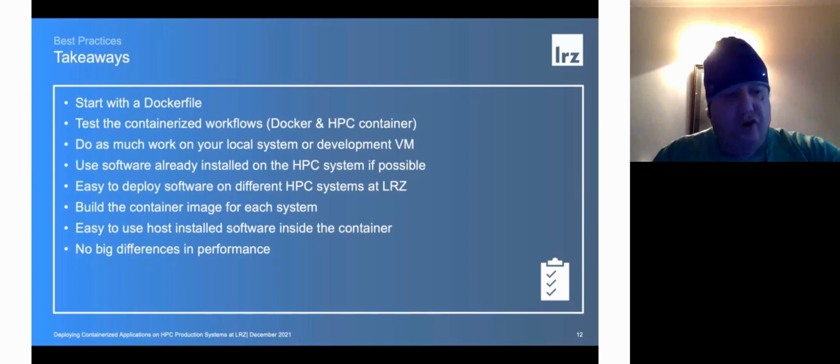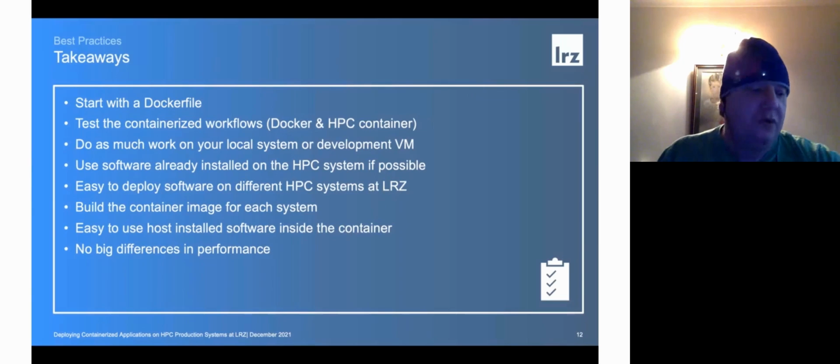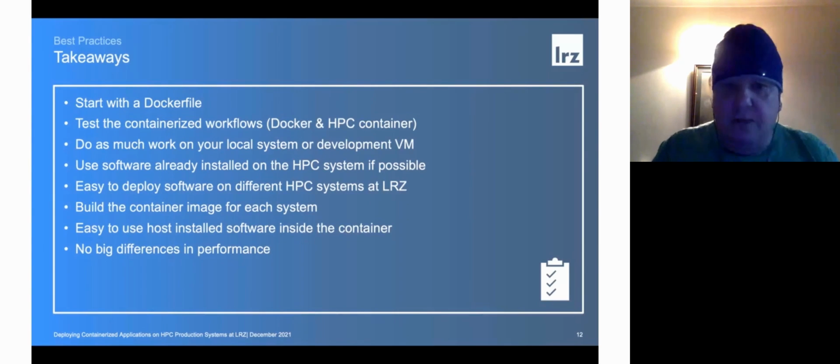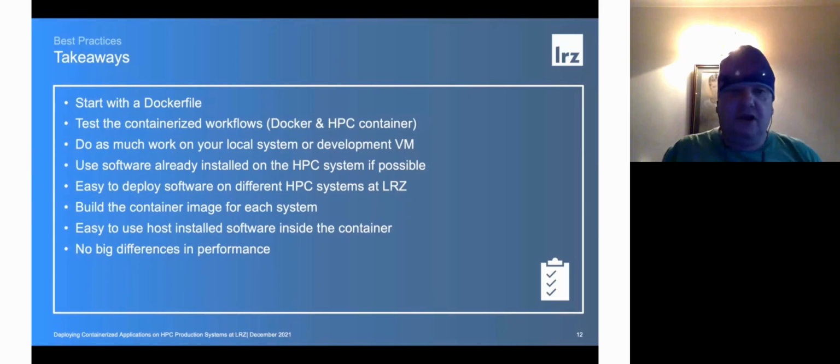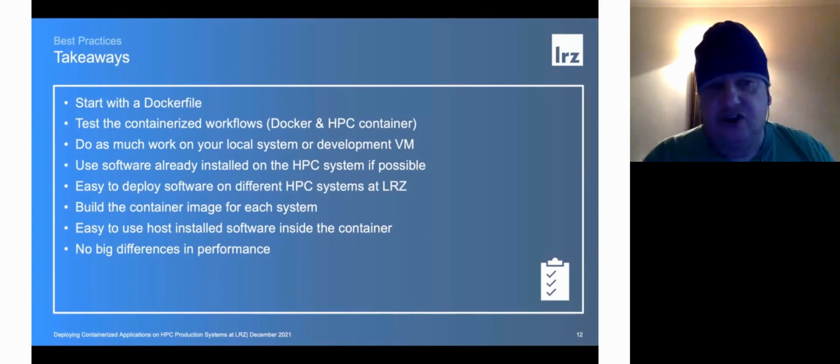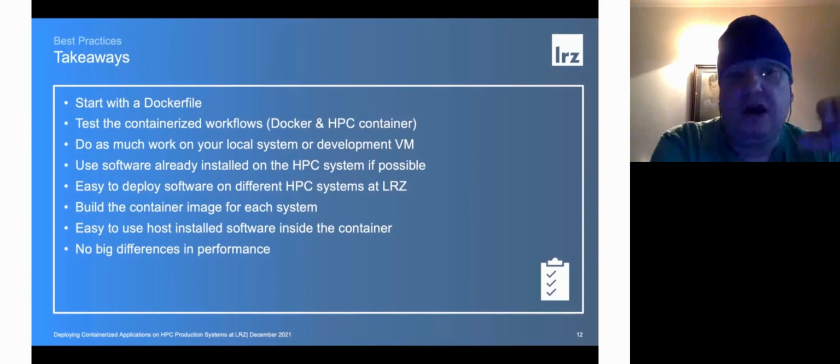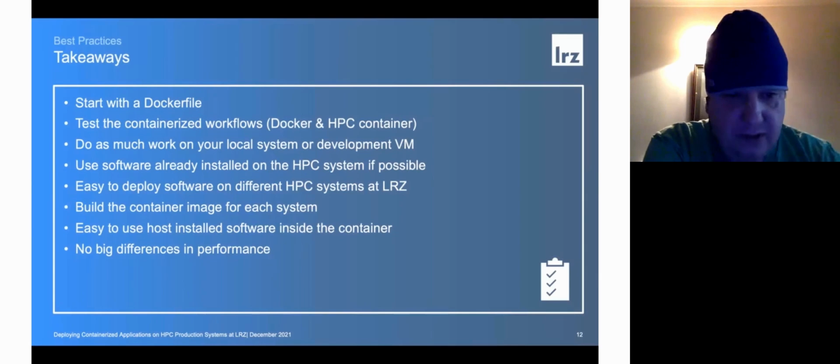If you're moving from a CPU-only system to a GPU-only or GPU-heavy system, then you might also want to put in the additional connection to actually communicate between the container and the host for the GPU, but also take advantage of the GPU algorithms from something like CUDA or HIP.